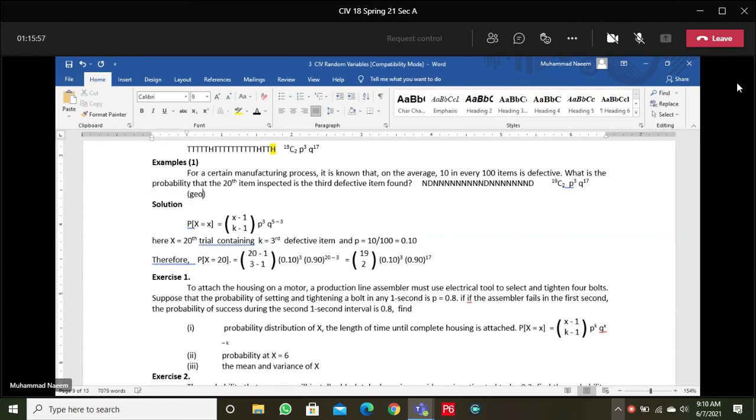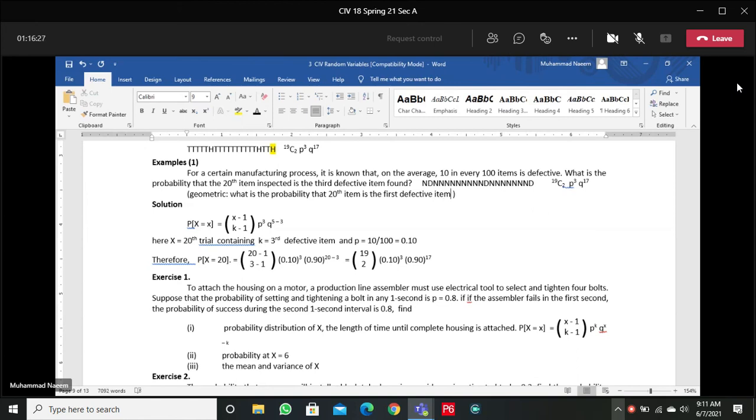What is the probability that the 20th item is the first defective item?